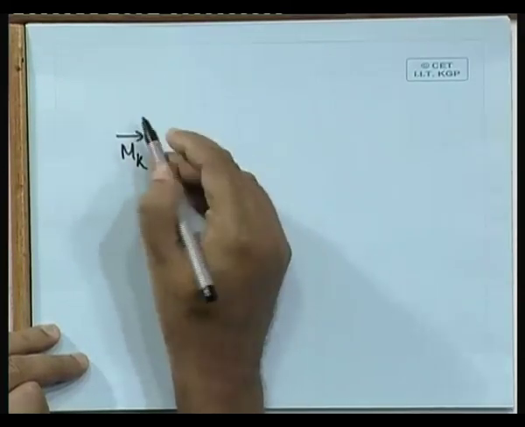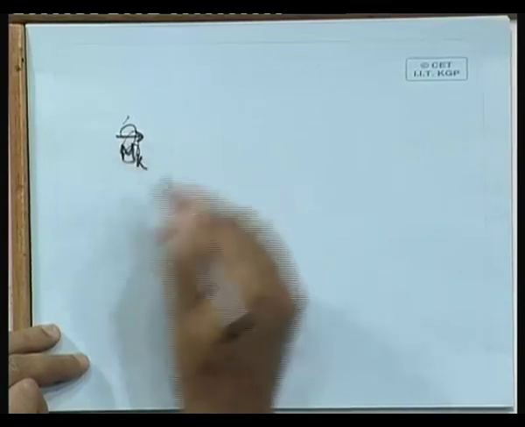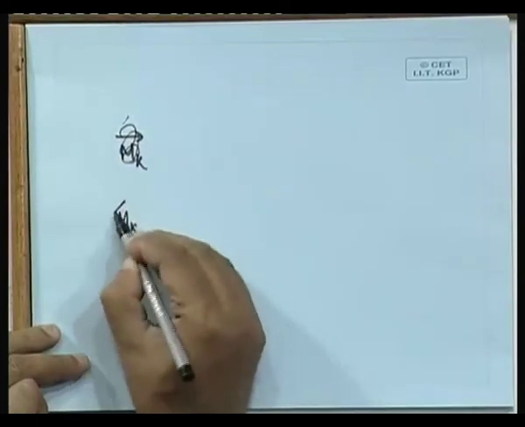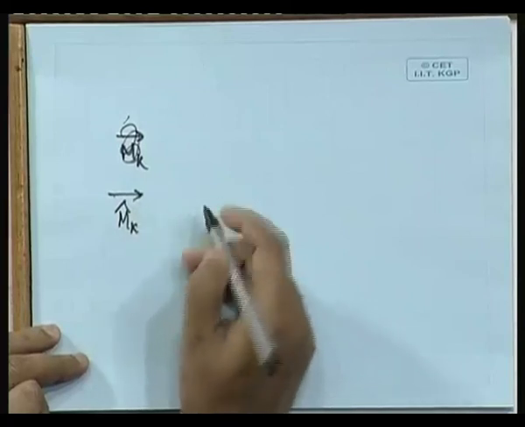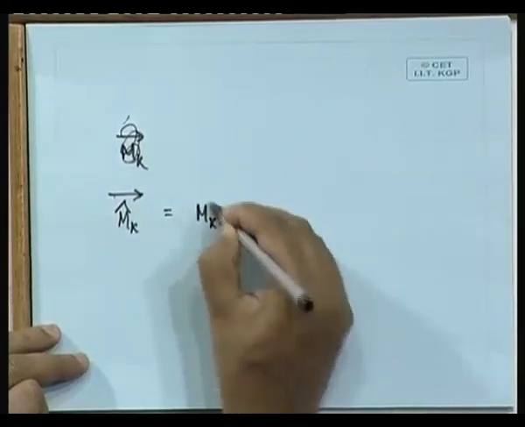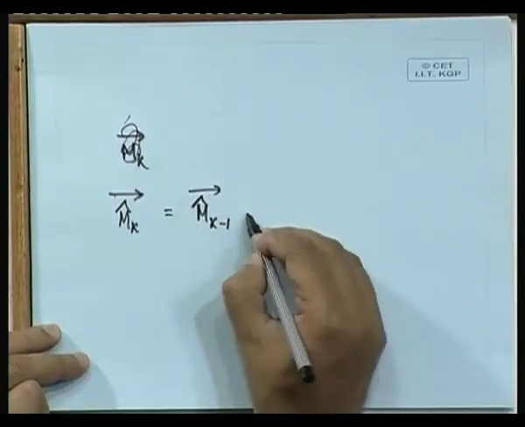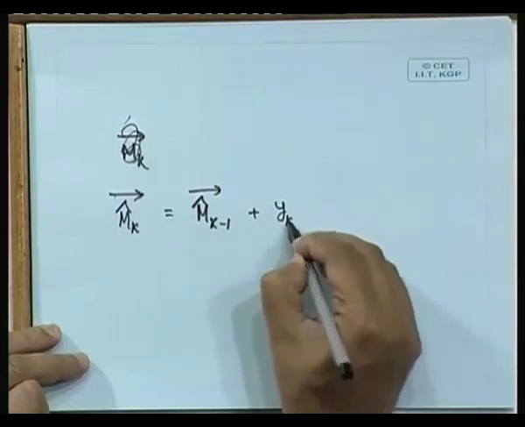That means after feeding the kth pattern, we should write it as Mk cap matrix equal to Mk minus 1 cap matrix, okay, plus yk pattern.